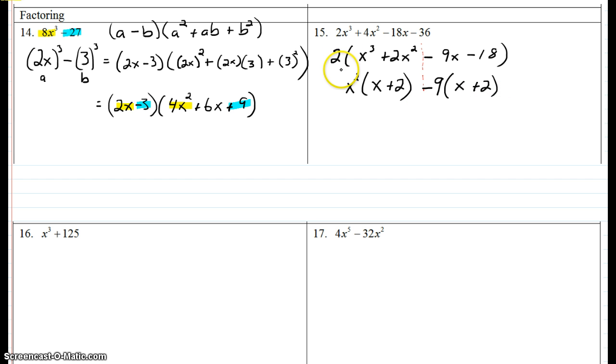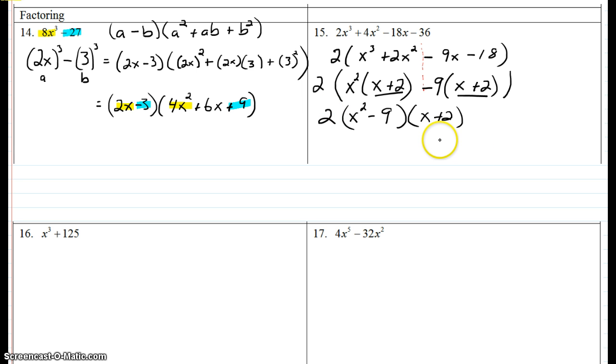And then don't forget we have this 2 on the outside. Alright, so since the x plus 2's are the same, I can rewrite it. x squared minus 9, x plus 2, bring the 2 down.